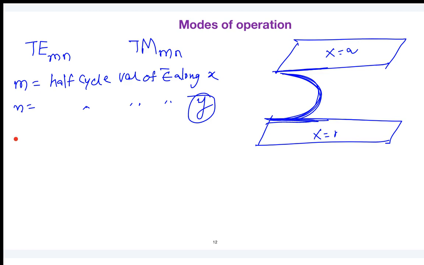So in a parallel plate waveguide, if you keep the plates in the X direction, you are not doing anything in the Y direction. So there are no variations in the Y direction. Will you agree with me if I say N is equal to 0? Agree?